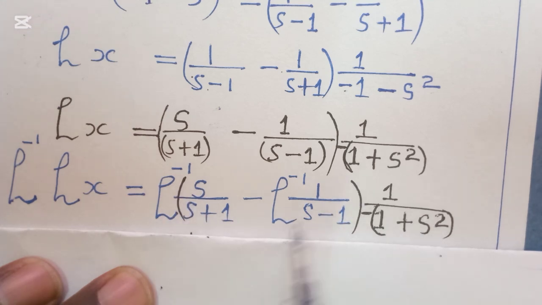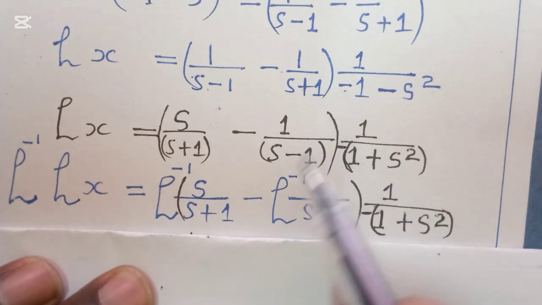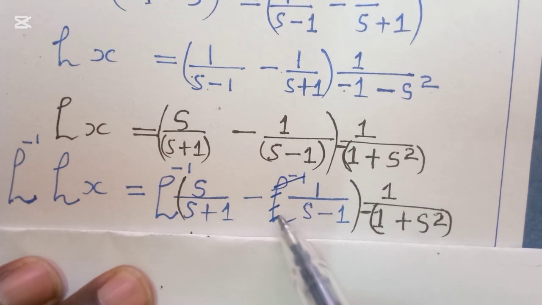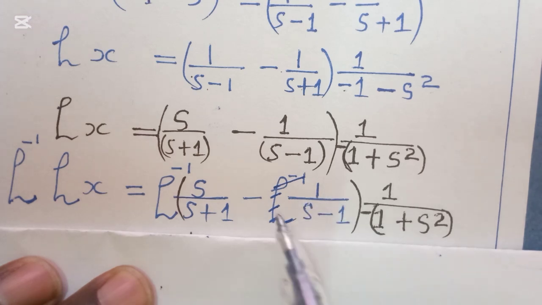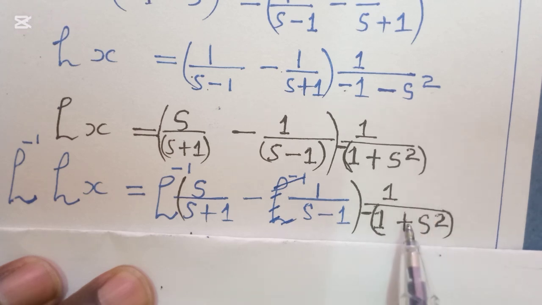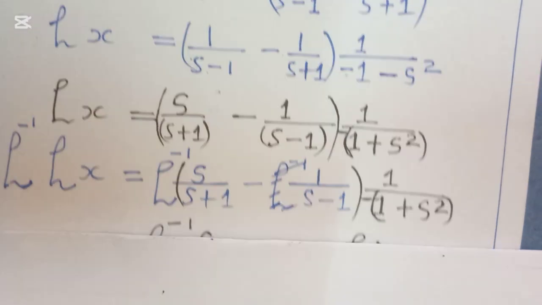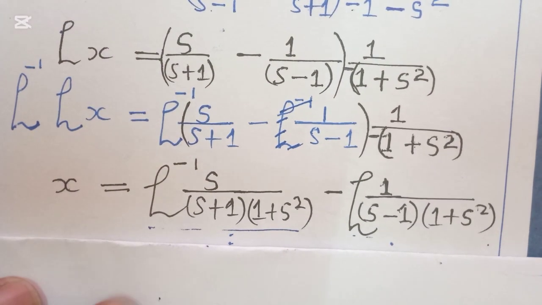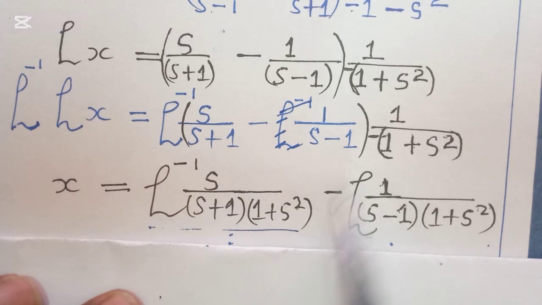Actually, this Laplace transform is not supposed to be there, because it represents whatever is inside the bracket. So ours is just to multiply this and that, this and that. When we do that, we are going to have something like this. We're now going to find the Laplace transform of that and that.